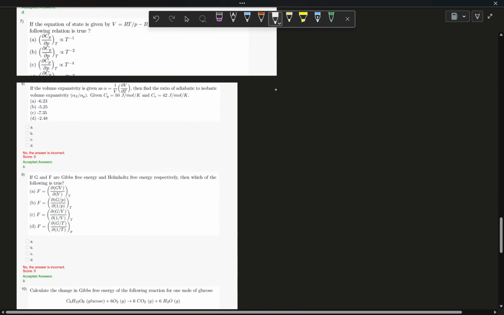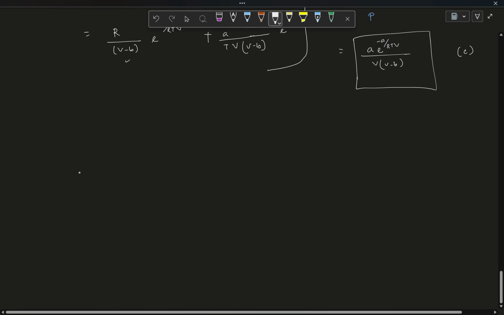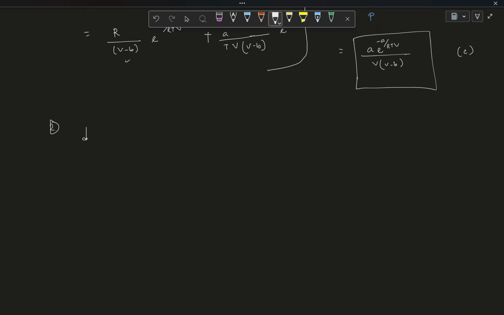Okay, let's go back and solve this. This is question number 2, where you have to find out what is the heat in this case, and your pressure is increasing from 0 to 1000 atmosphere, right?